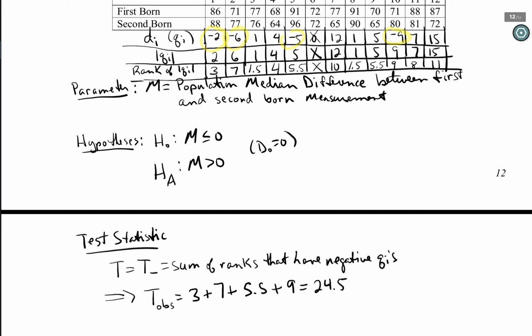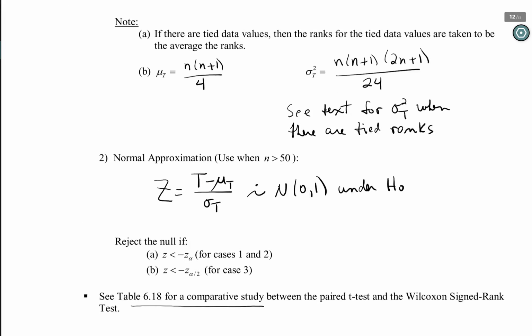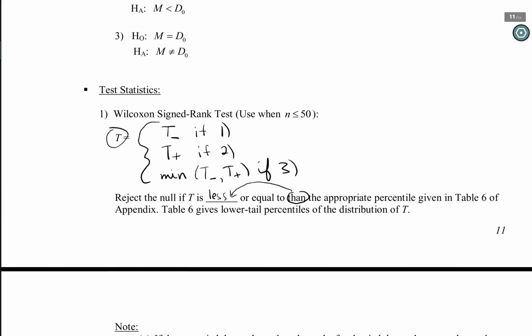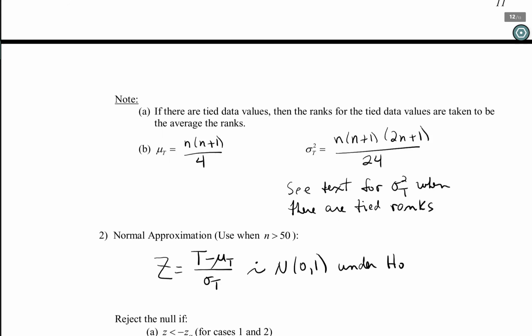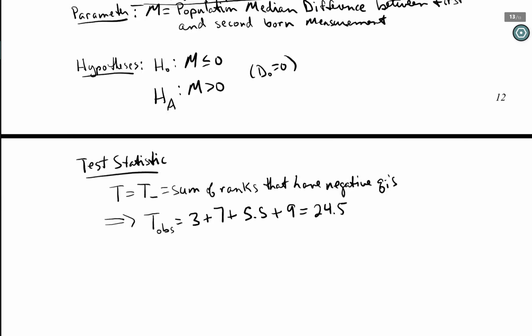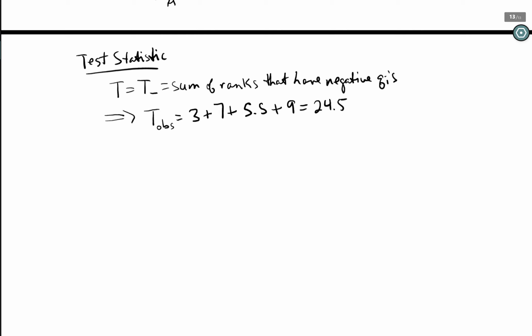And if you look back at the decision rules, I'm going to reject the null if T is less than or equal to the appropriate percentile from Table 6, which describes the distribution of this test statistic. When I look under Table 6, I'm going to look for a lower percentile.